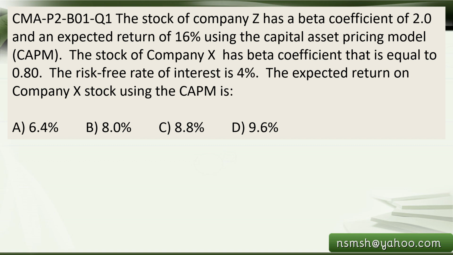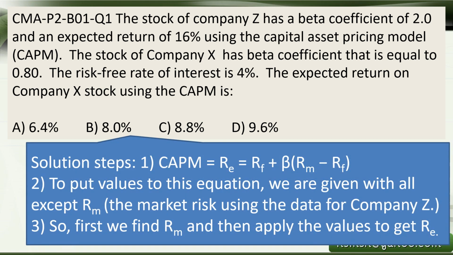In order to find it, first we have to understand the CAPM formula. So we need the expected return for the X stock, equal to the risk-free rate of return, which is already given as 4%, plus the beta value of X, which has also been given, 0.8, times the market return.